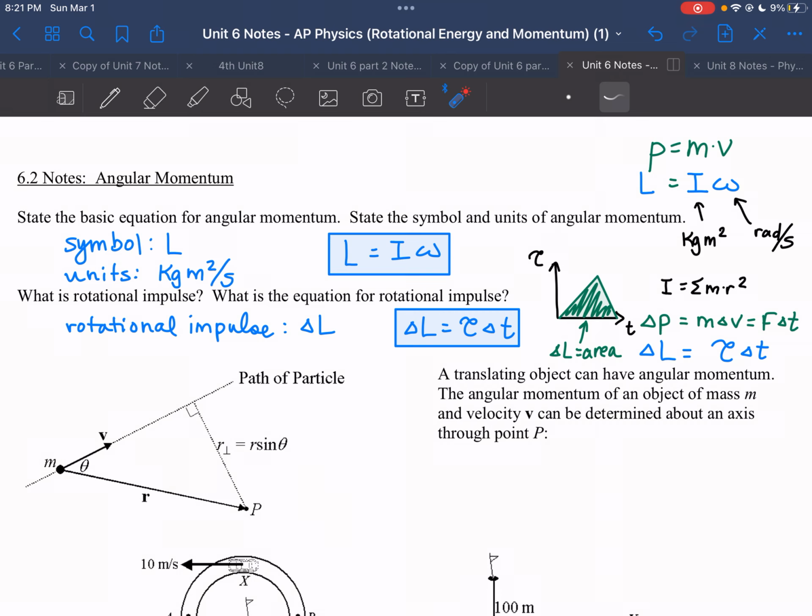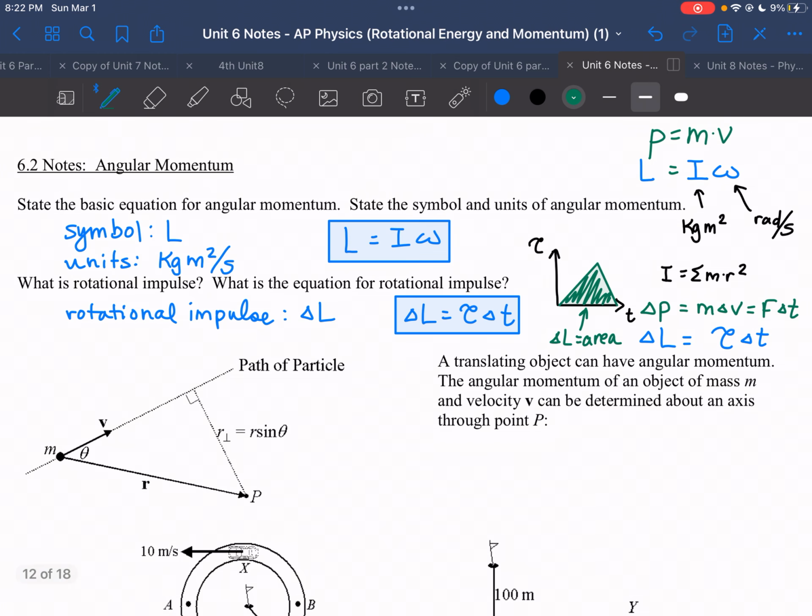Because if you think back to your other equations, this is like length times width, and when you are multiplying both of the axes together, the area is going to give you this. You can also see it as torque is equal to delta L over delta t. So if you have the change in angular momentum over time, that's going to be the slope, and that slope is going to get you the torque. So it's always nice to be able to manipulate those equations to read a graph.